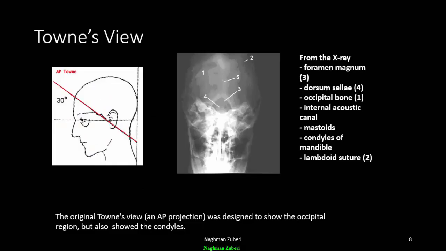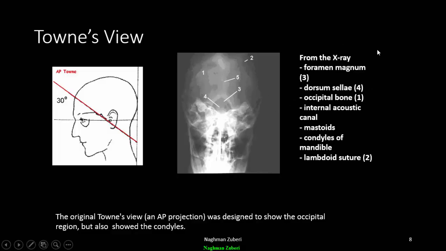This is actual Towne's view. This is the original Towne's view, that is an anteroposterior projection. It was designed to show the occipital region but also showed the condyles. Check out the occipital region.